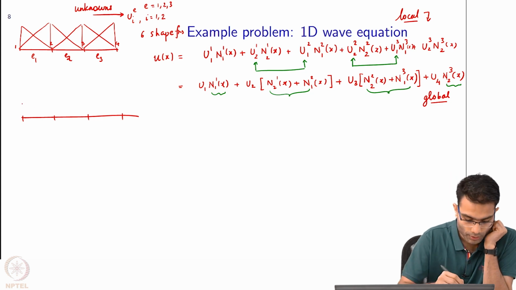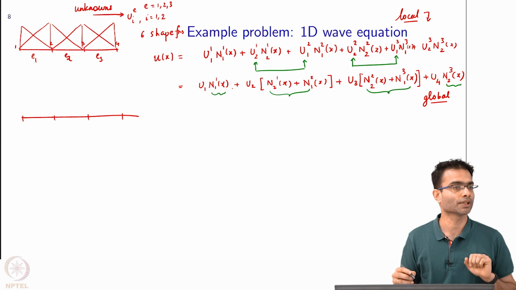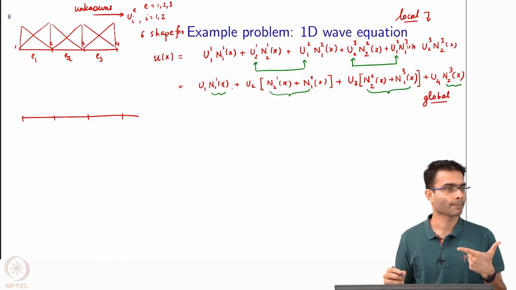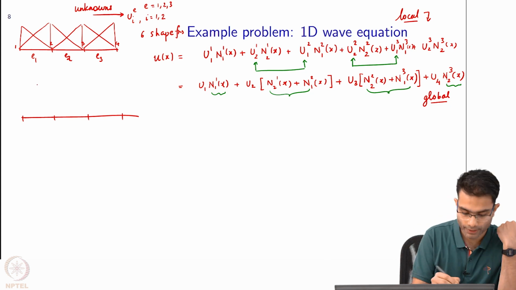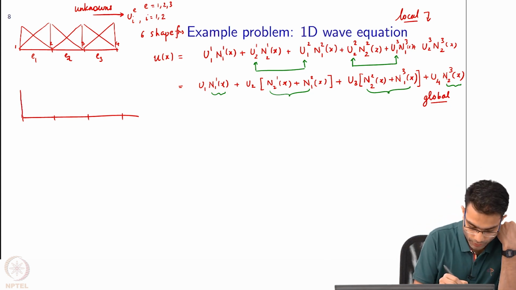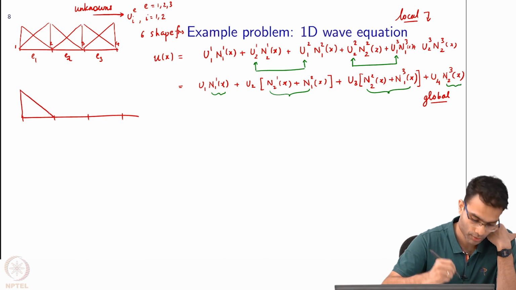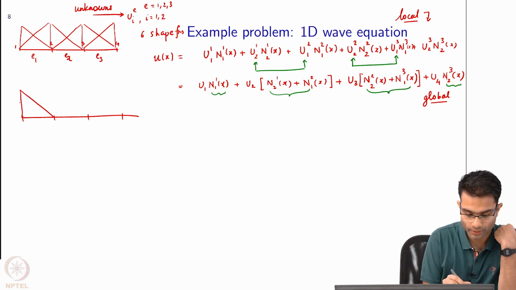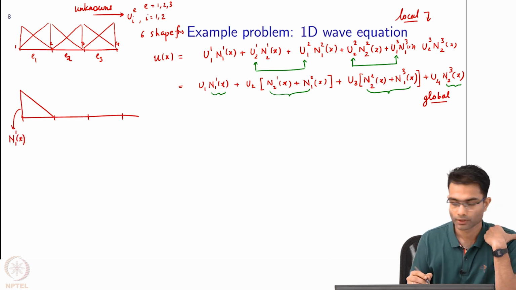The first one, N_1^1(x), which way is it opening, left or right? This is what it looks like, 1 at this point. This is my N_1^1(x), agree?